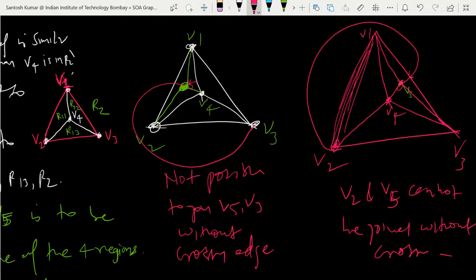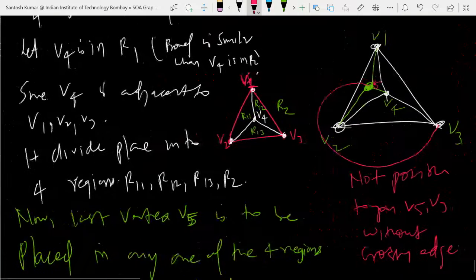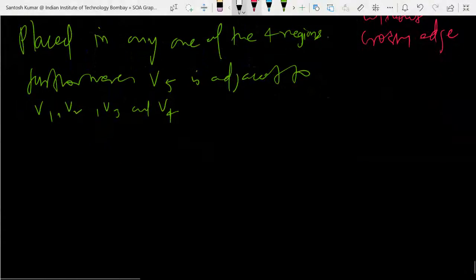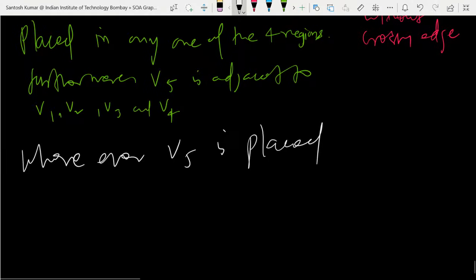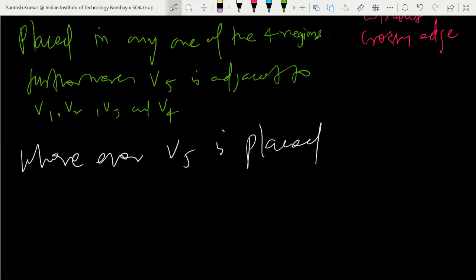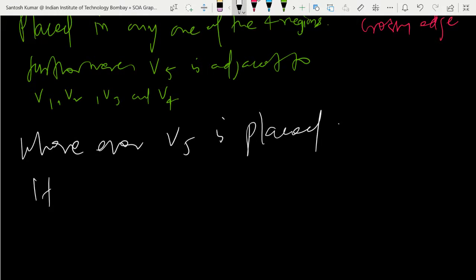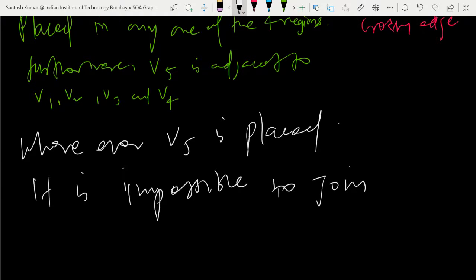So what argument do we have to write? Here I will write the argument that wherever v5 is placed, whether you place it in r11, r12, r13 or v2, it is impossible, right? It is impossible to join each other.